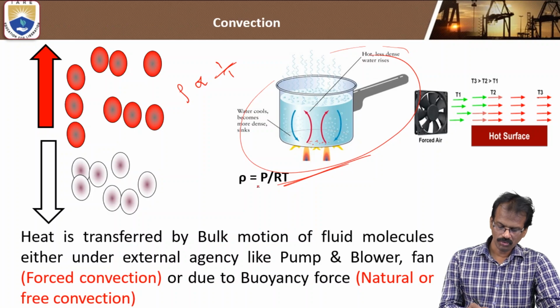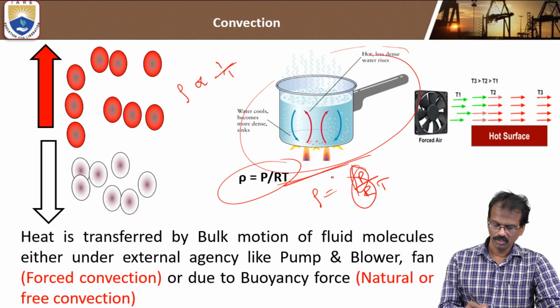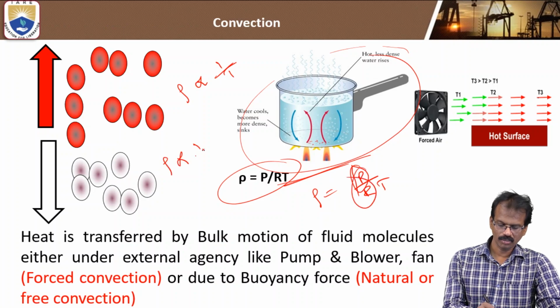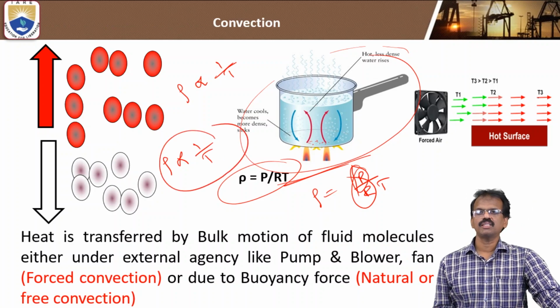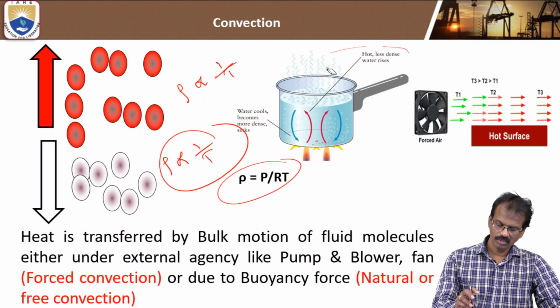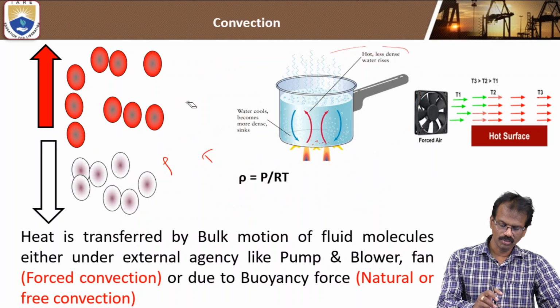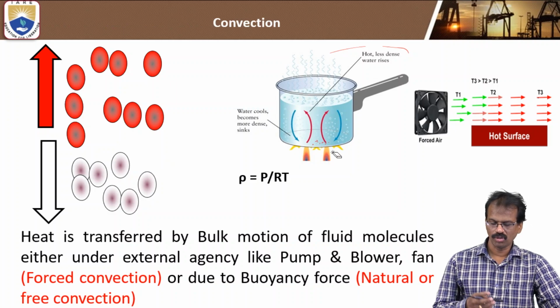According to the universal gas formula, rho is equal to P by RT. Here pressure and R can be taken as constant, so rho is inversely proportional to temperature. If the temperature increases, density will decrease. Then these less dense particles will move in the upward direction, and heavy density particles move in the downward direction.